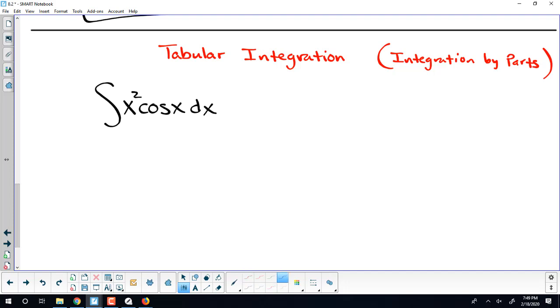You've identified the u and the dv. So we're going to put the u's over here, and the dv over here. We're just going to make a mental note that that's our u, that's our dv. The thing we identify as u, we take the derivative of it.